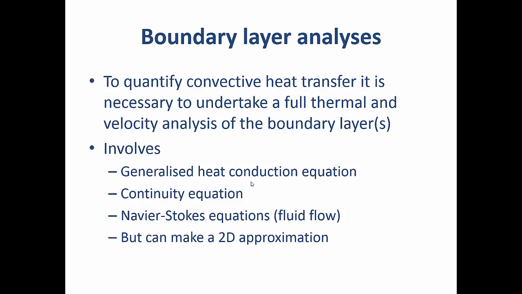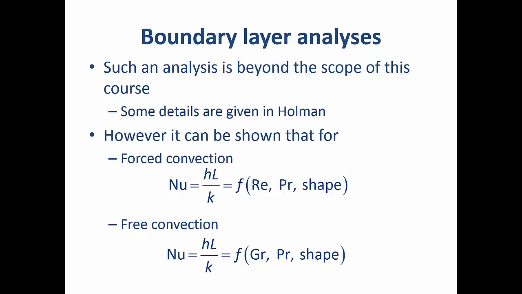And to fully quantify convective heat transfer, it is necessary to undertake a full thermal velocity analysis of the boundary layers. Now this involves dealing with several quite tough equations. So we've got our generalized heat conduction equation, continuity equation, the Navier-Stokes equations for fluid flow, and fortunately it turns out you can actually make a two-dimensional approximation for dealing with boundary layer analysis.